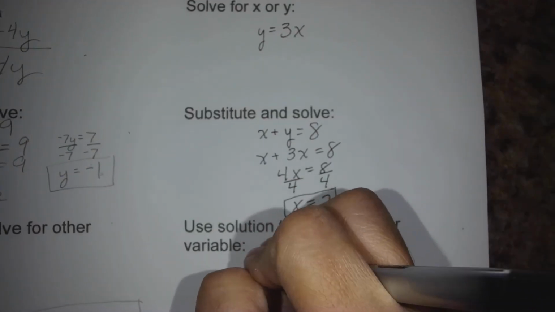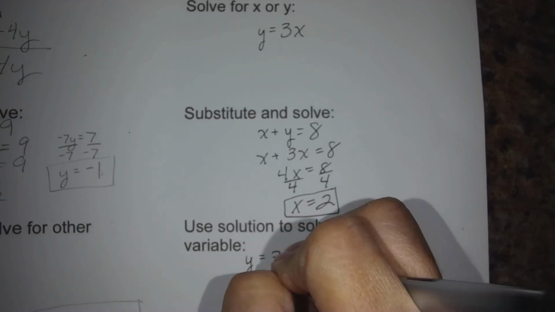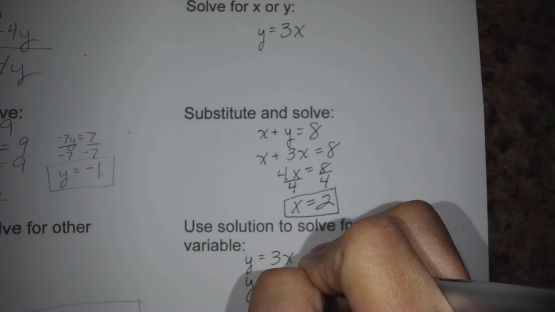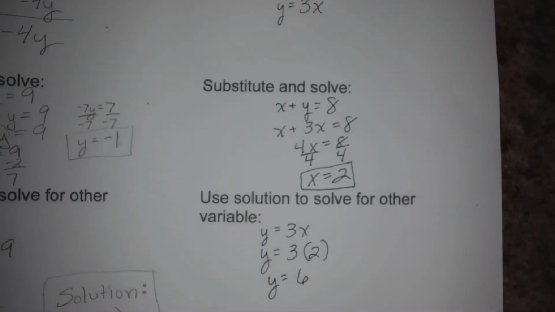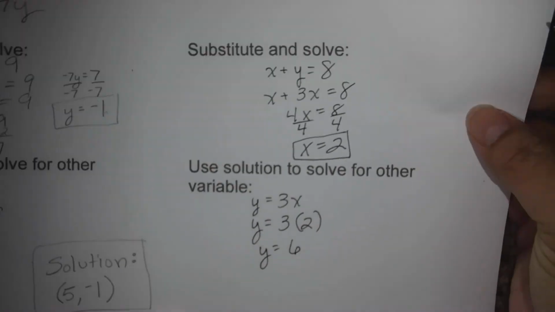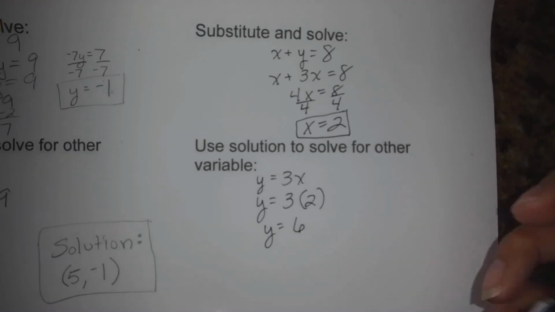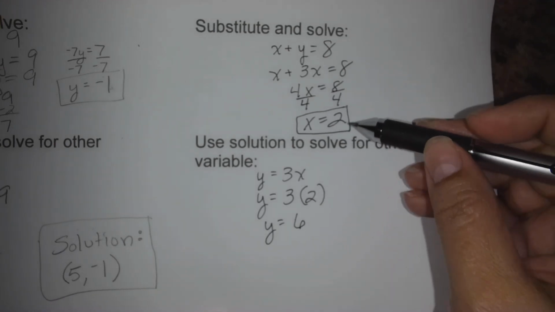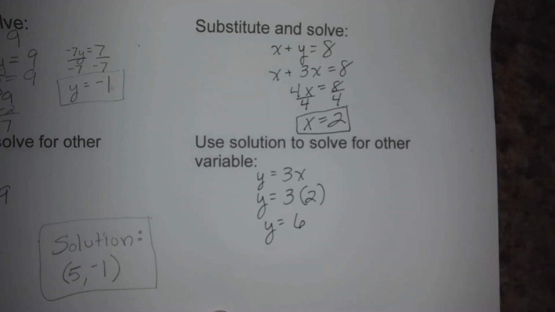So I'm going to take y equals 3x, and substitute the 2 in, so it'll be 3 times 2. So y is equal to 6. No solving involved. As far as adding and then division, I didn't have to do any of that. It was straight out multiplication. I took the x, substituted it in, and I got y equals 6.